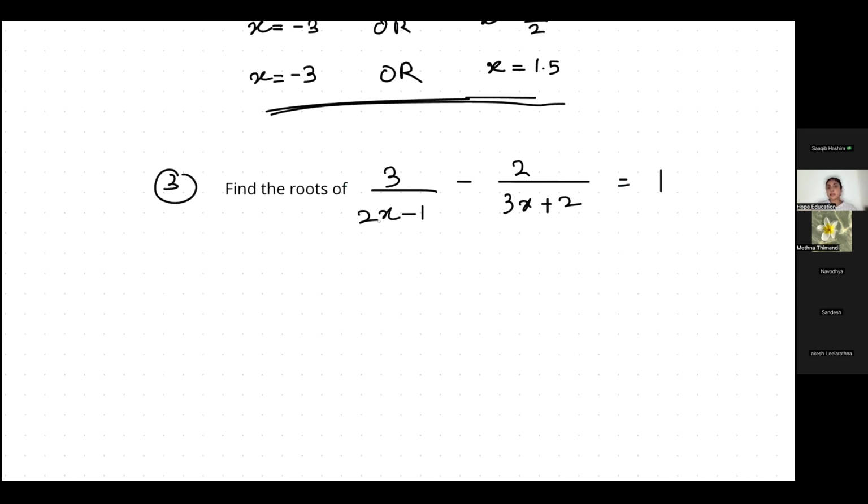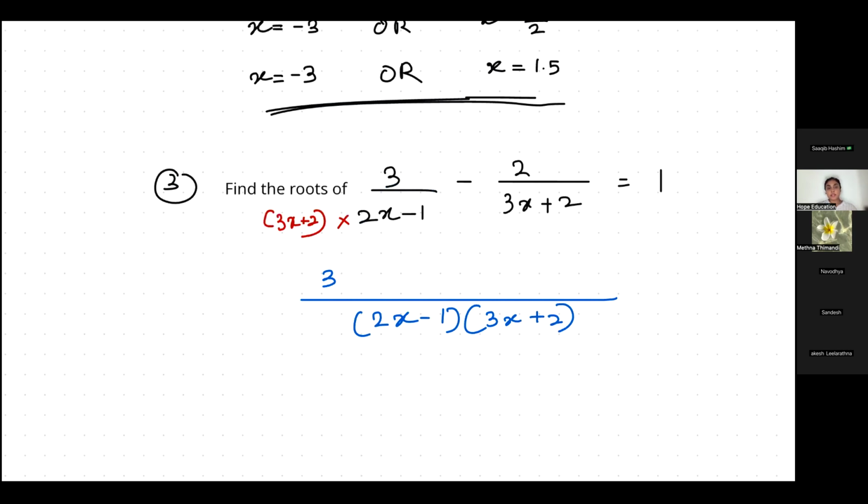If you take this denominator and this denominator, what is the LCM of these two? 2x minus 1, 3x plus 2. Here the numerator is 3. Here there is 2x minus 1, but there is no 3x plus 2. So I will multiply this by 3x plus 2, so I will multiply the numerator also by 3x plus 2.